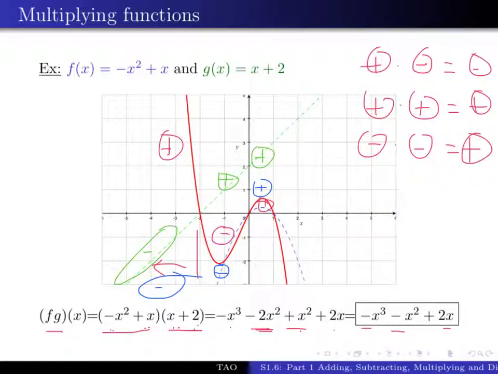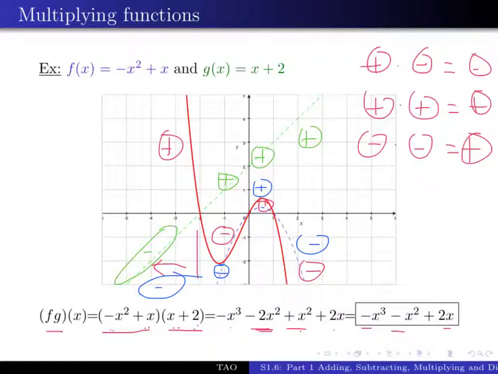Okay? And above 1, our green is still positive, but our blue is negative. Positive times a negative is a negative. Okay? So if you want to keep track of positives and negatives that way, and just since it's polynomial, the only way to get from positive to negative is go through 0. You can think of it that way as well.